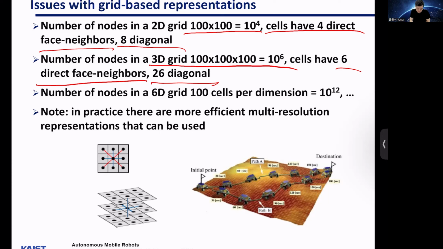If the dimension increases, 4, 5, 6, then the space grows exponentially, and computing and searching for the solution becomes intractable.